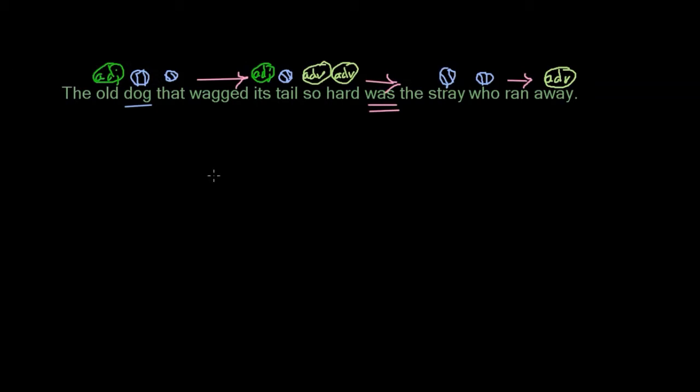So let's go ahead and get started diagramming this. We have our baseline and our bisecting line. And we know in our main clause, which is what we're diagramming first, we have a subject complement, which is a predicate nominative. So we draw a slanted line showing that the predicate nominative is referring back to the subject. We have an article modifier for both dog and for stray. And we have an adjective modifying our subject dog.